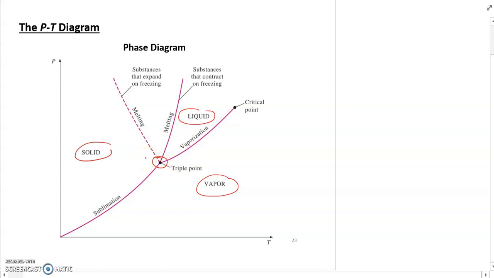The sublimation line separates the solid and vapor regions, the vaporization line separates liquid and vapor, while the melting or fusion line separates the liquid and solid regions. They meet at the triple point, where all three phases exist in equilibrium.